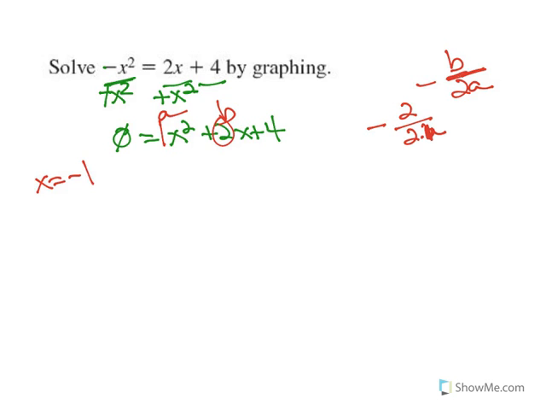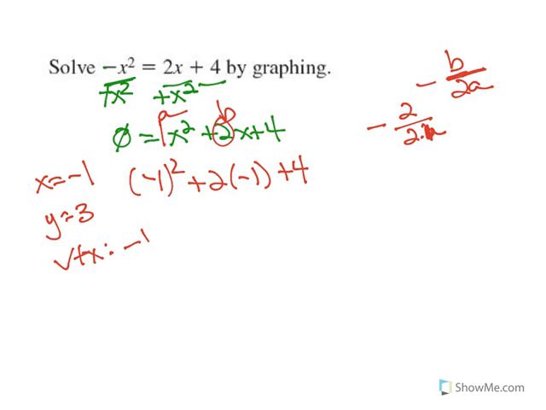So x equals negative 1. Let's put that in. Negative 1 squared plus 2 times negative 1 plus 4 gives us, I think, 2, but let me double check. Negative 1 squared plus 2 times negative 1 plus 4 is 3. I was totally wrong. It's a good thing I put it in the calculator. So y equals 3. Our vertex is negative 1, 3.